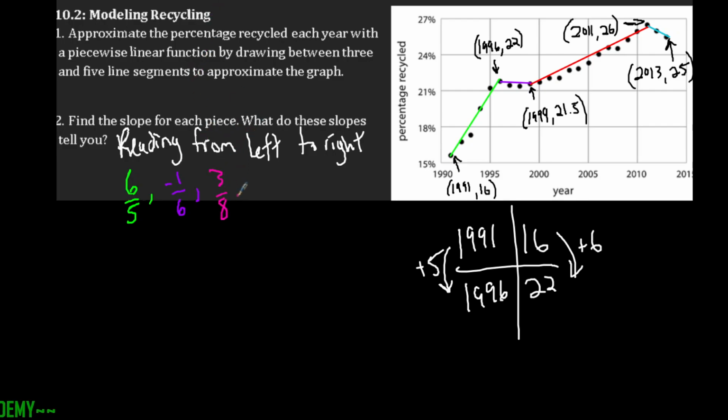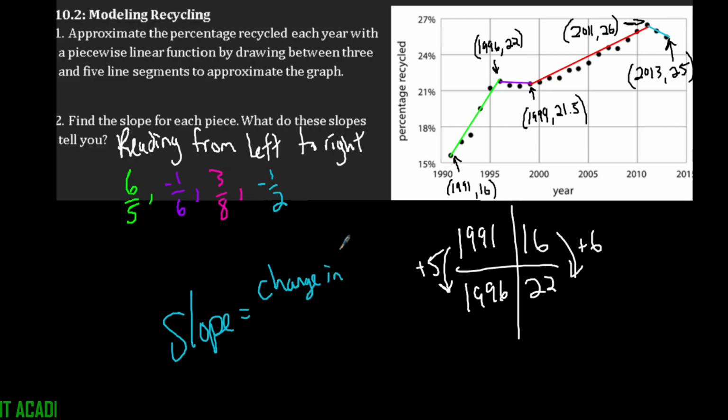And the last slope that we have, that blue part, is going to be -1/2. And I get that by finding the change in y over my change in x. So just make sure you're remembering your slope is always going to be equal to your change in y divided by your change in x.